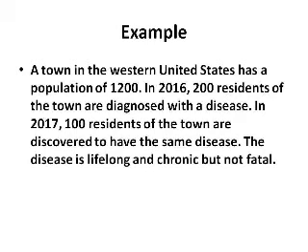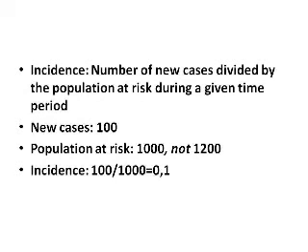Well, the incidence, remember, is the number of new cases divided by the population at risk during a given time. So in this case, there are 100 new cases. Now the population at risk here is 1,000, not 1,200. And let's consider why. It's 1,000 because out of the 1,200 residents the town has, 200 already have the disease.